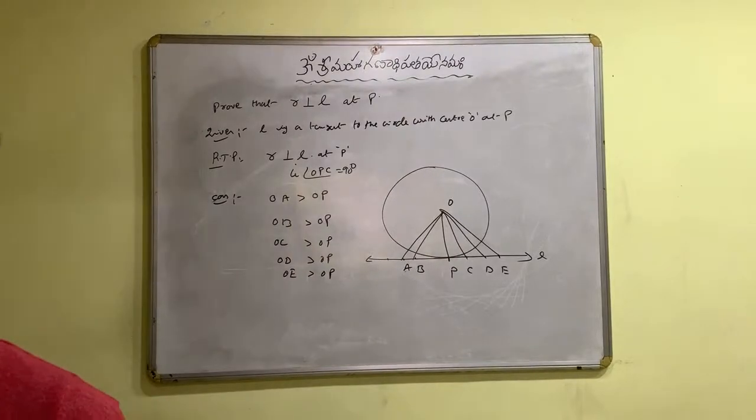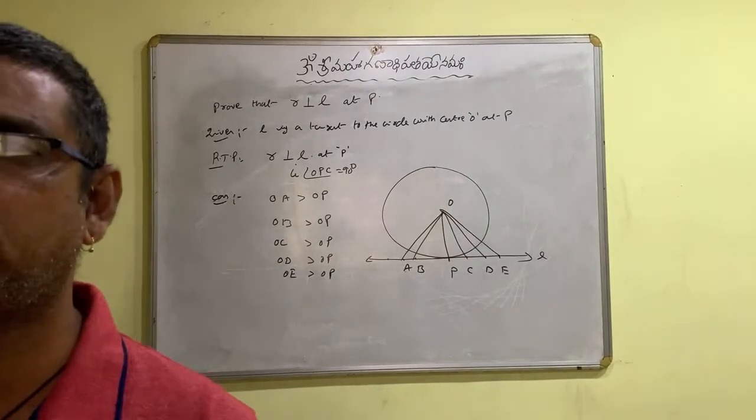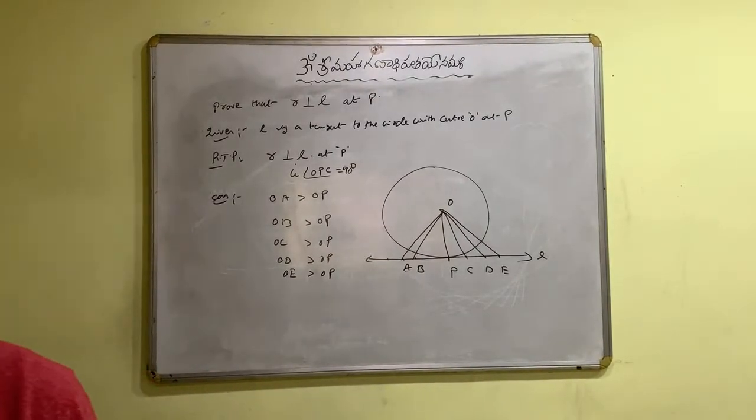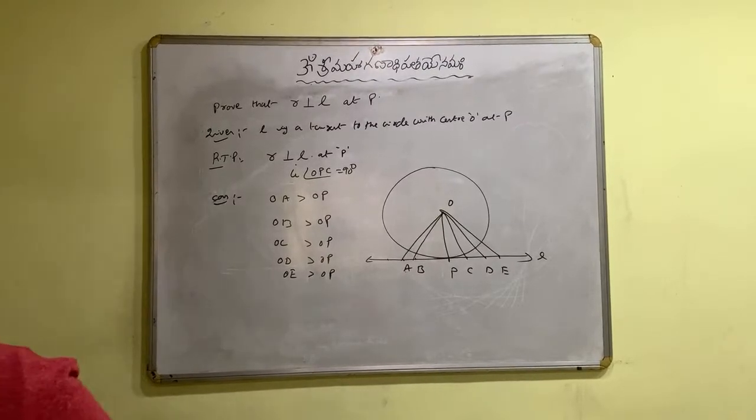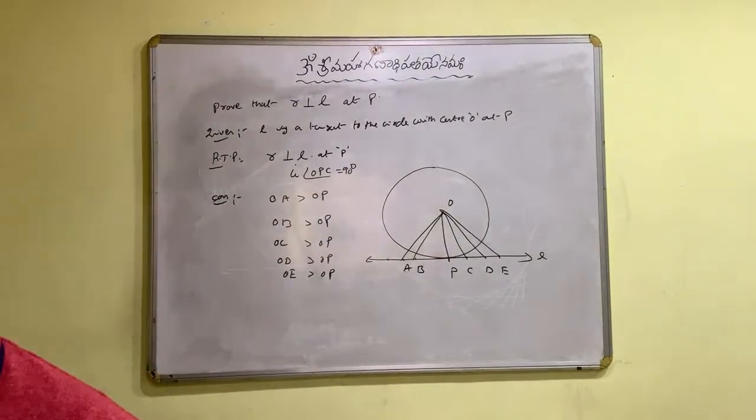Good. Now, that means OP is the shortest distance from the center to the line L, and we know that shortest distance is nothing but perpendicular distance.